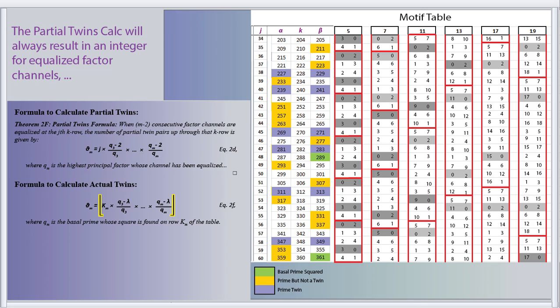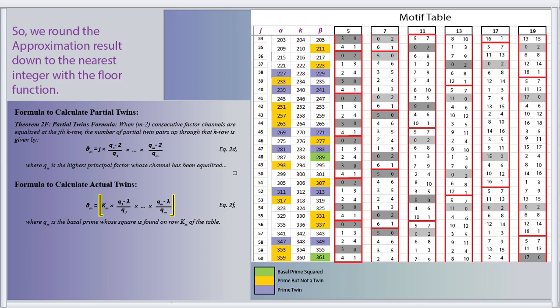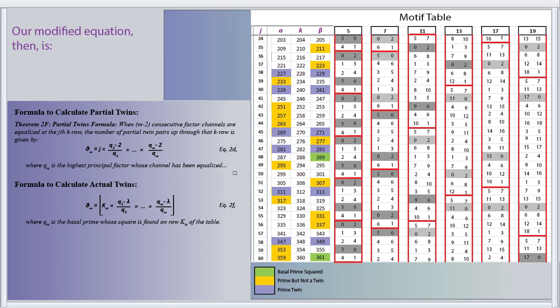The partial twins calc will always result in an integer for equalized factor channels, but the approximation calc will yield a fraction. So we round the approximation result down to the nearest integer with the floor function. Our modified equation then is equation 2f.